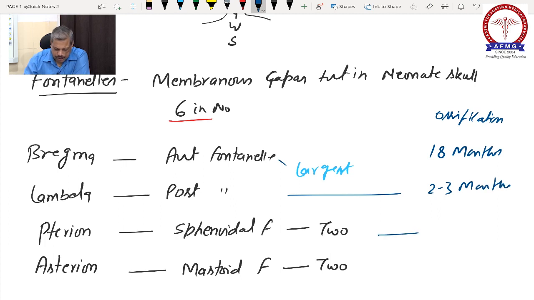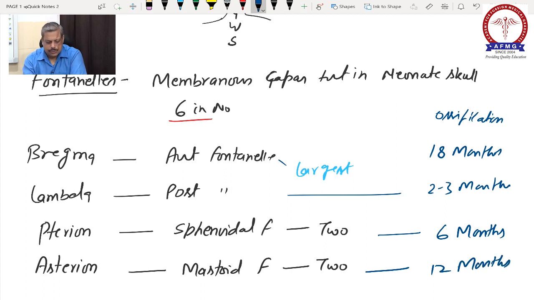The sphenoidal fontanelle closes at 6 months. And the mastoid fontanelle closes at 12 months. So this is the normal closure time of the fontanelles.